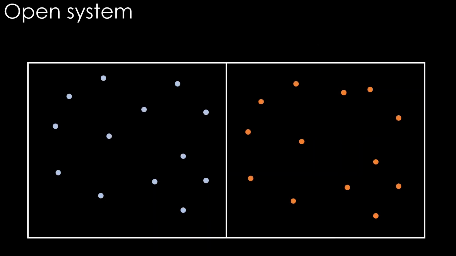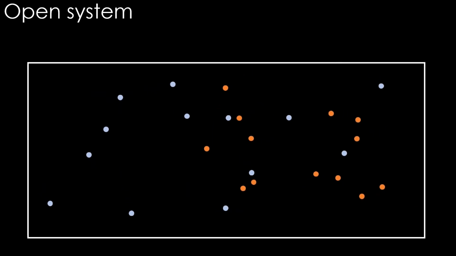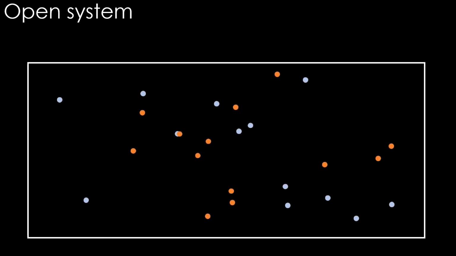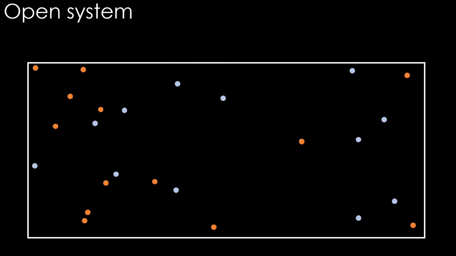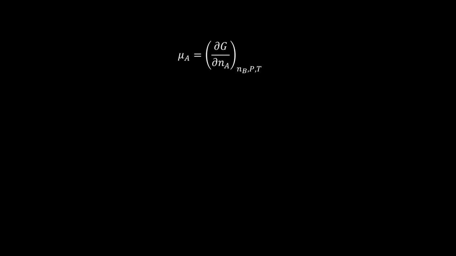Consider gases A and B separated inside a container. The whole system has a certain Gibbs energy. When they mix, Gibbs energy of the system changes. In fact, Gibbs energy of component A and component B individually change, which is their chemical potential.